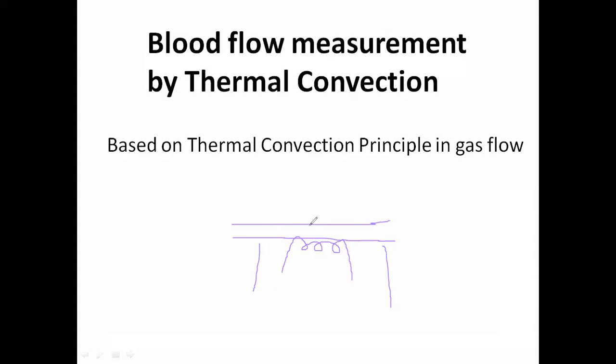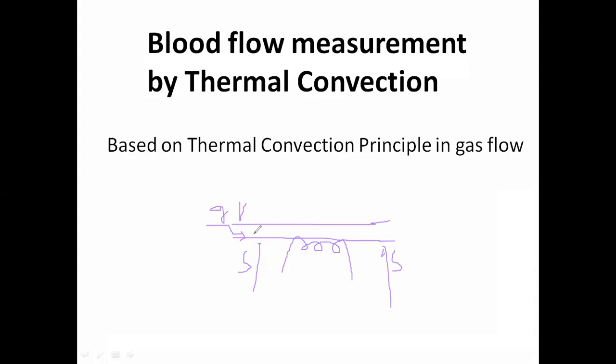Assume that this is a pipeline. Through this we have a gas flow, or blood flow. You can say it is a gas flow. This one is a heater, and here we have a sensor, and here we have another sensor.